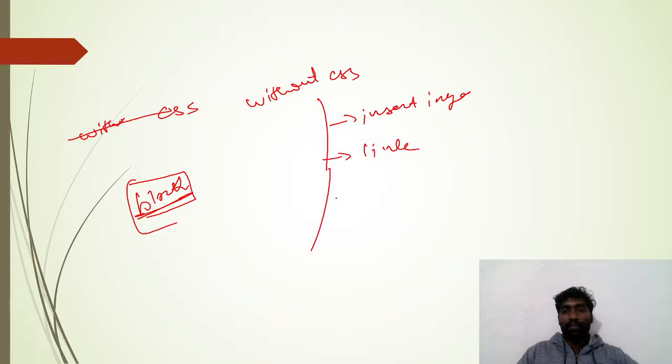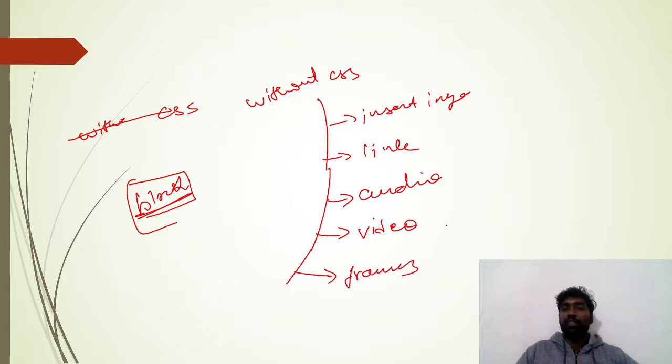Okay, we can insert an image, we can link, and we can insert audio, video, after audio, video, after that frame. So these are the only things in your book, and with the help of CSS they just increased the height and width of image and video.